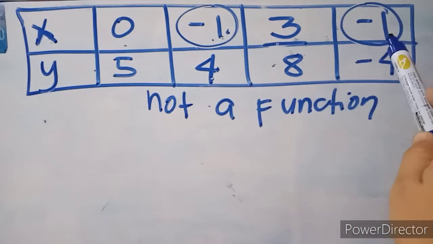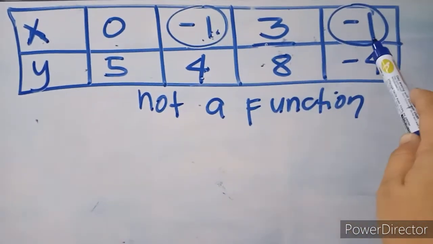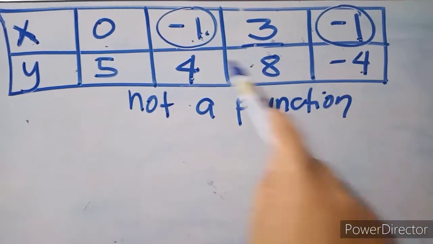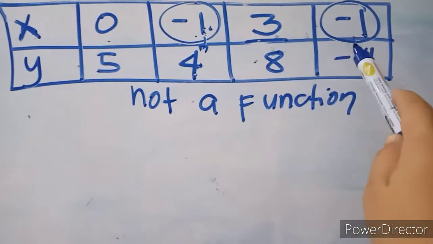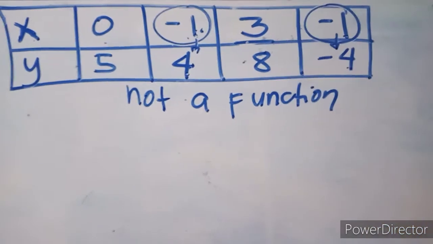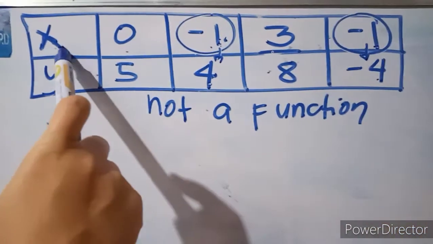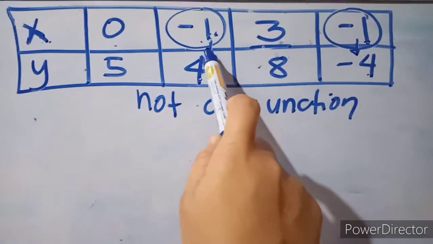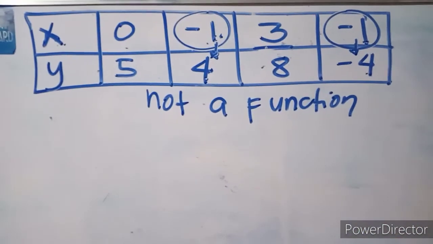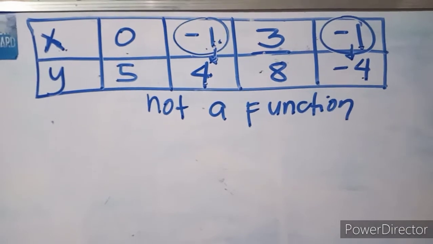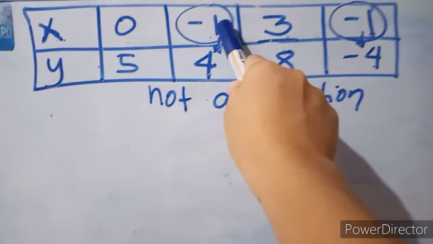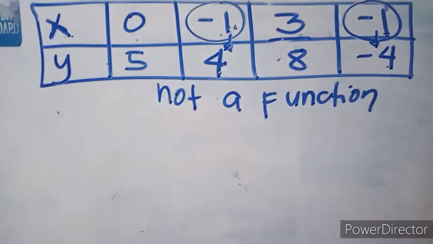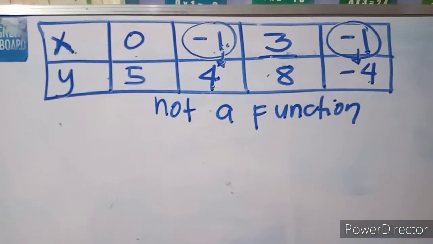Then, another -1, same -1, corresponds to -4. So, dalawa yung number na na-pair sa -1 sa x value natin. So that is not considered as a function. Kasi sa function rule natin, in every x, there is only one y. So, ganyan yun siya.